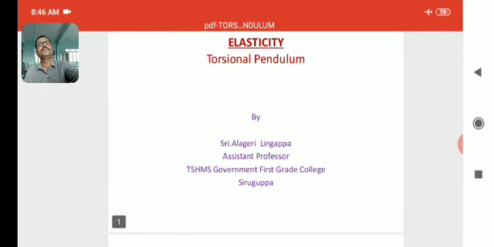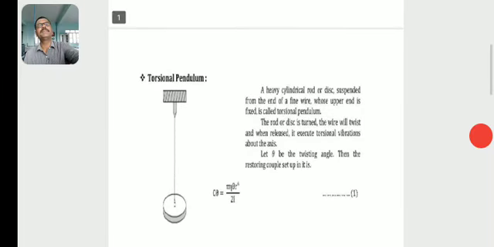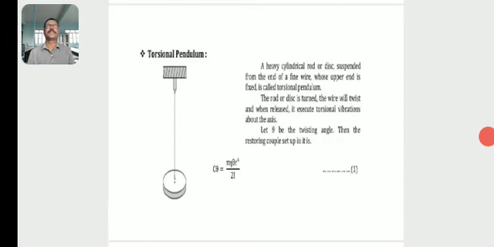So we know the concept of elasticity, then stress, strain, Young's modulus, rigidity modulus, and then the bulk modulus, then the relation between Young's modulus, bulk modulus, rigidity modulus, and Poisson's ratio, and also the expression for work done in twisting of a wire, then couple per unit twist, all those things.